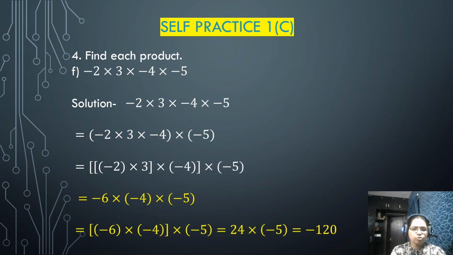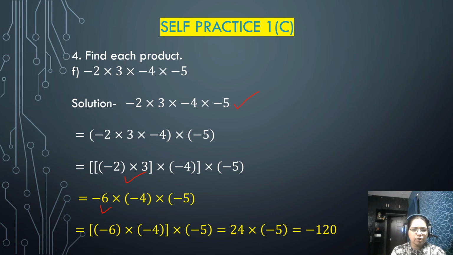Now F. Minus 2 multiplied with 3 multiplied with minus 4 multiplied with minus 5. First we multiply minus 2 with 3. Minus 2 multiplied with 3 is minus 6. Product of negative and positive, we get a negative integer.